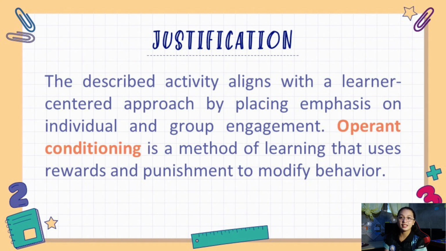The deducting and adding of points creates a dynamic feedback system, allowing learners to perceive the consequences of their actions and adjust their behavior accordingly. This learner-centered approach empowers individuals within the group to actively participate, collaborate, and take responsibility for their own learning experience, fostering a sense of autonomy and self-regulation.